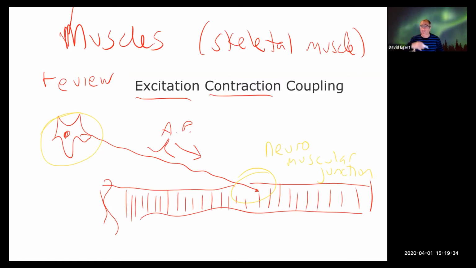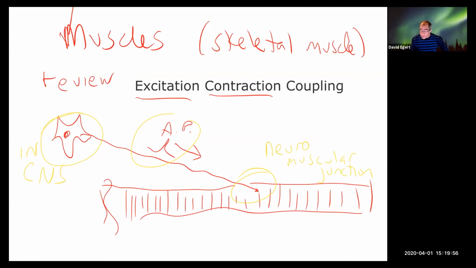Remember we talked about how in the somatic motor pathways there's one neuron whose cell body is in the CNS and sends an action potential. This axon could be like 3 feet long, going from your spinal cord all the way down to your foot.